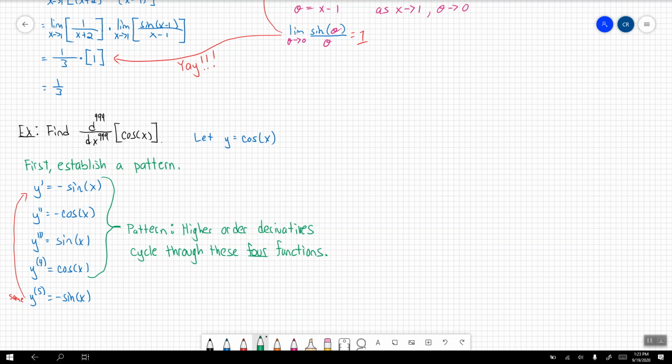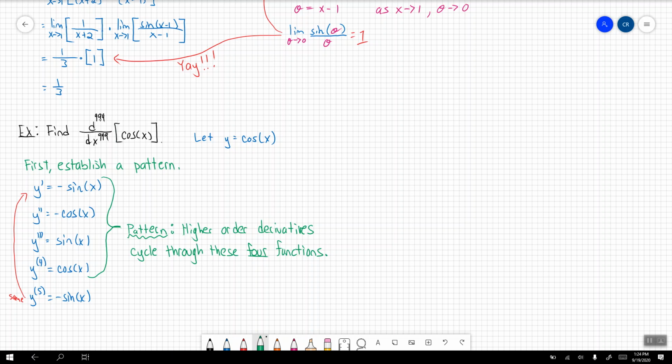Now that we found this pattern, we can start looking at the different remainders. Looking at the value 999, I want to split that into one of these derivatives.